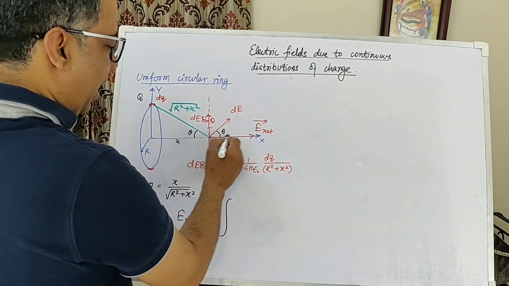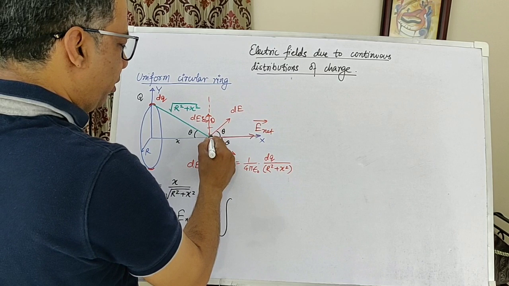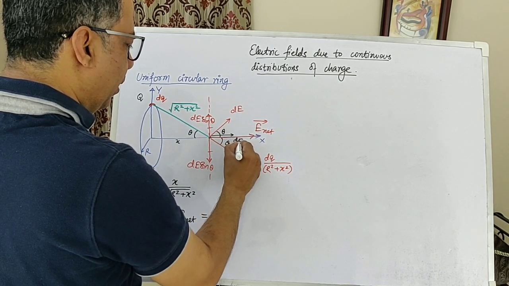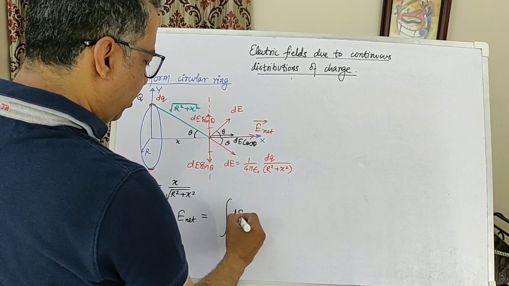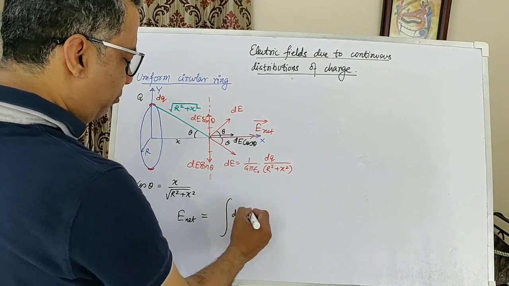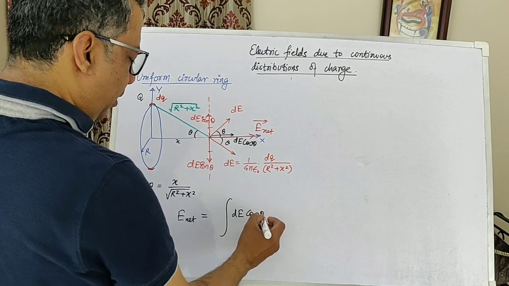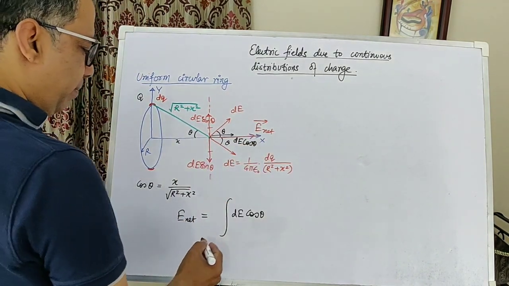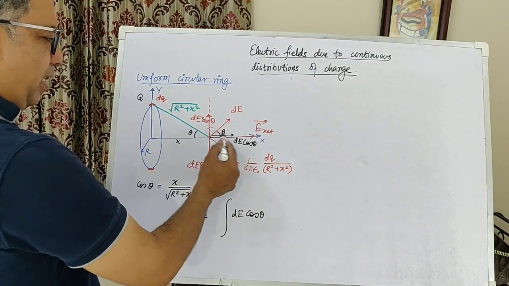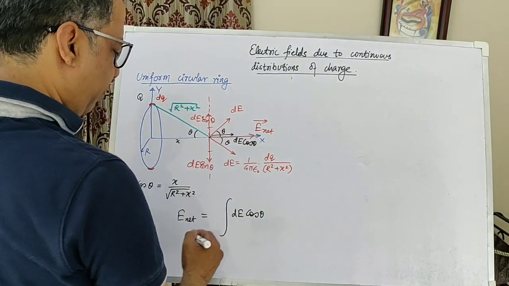The x component of dE will be, of course, dE cos theta. So what you need to do is a summation of dE cos theta along the x-axis direction, which will give us the net electric field.